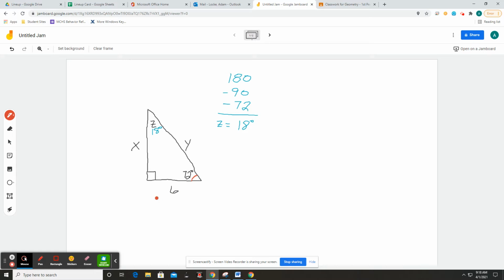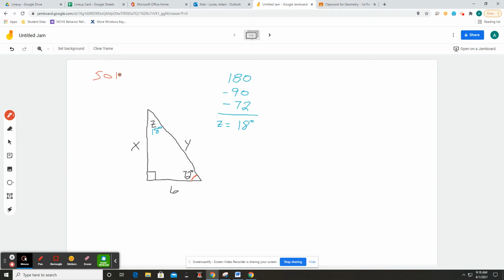And I was also given 6. So I'm going to use these two pieces of information to find X. So the 72 degrees, side X is opposite of the 72. And side 6 is adjacent to 72.